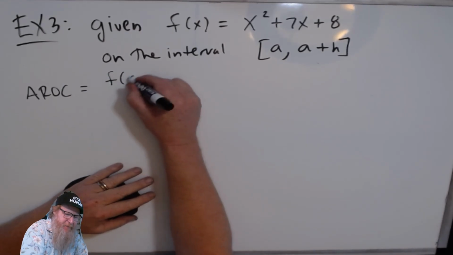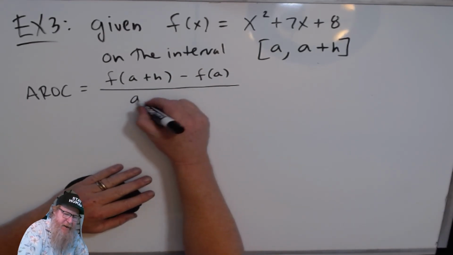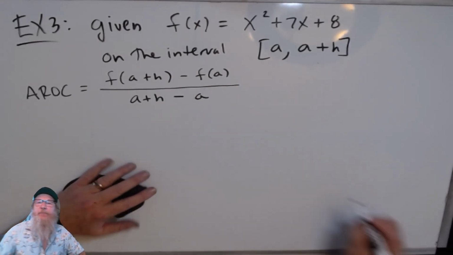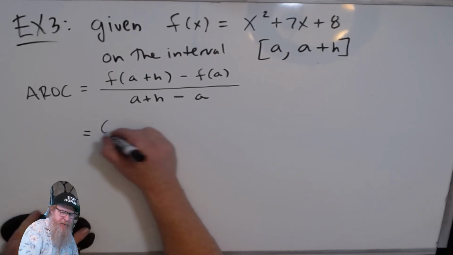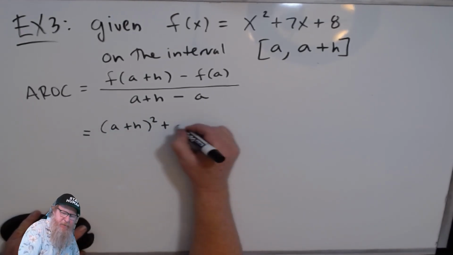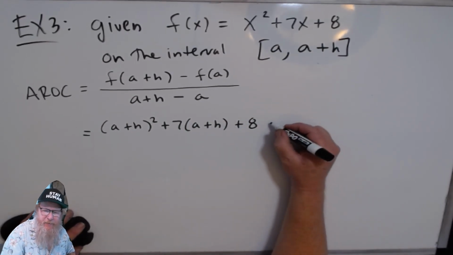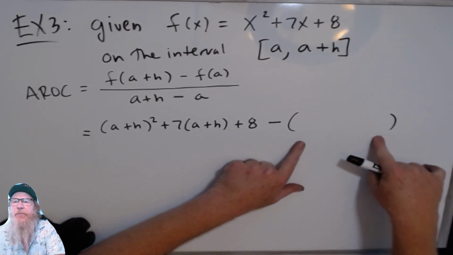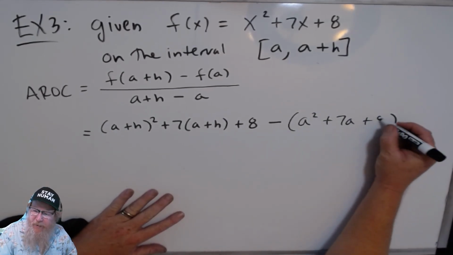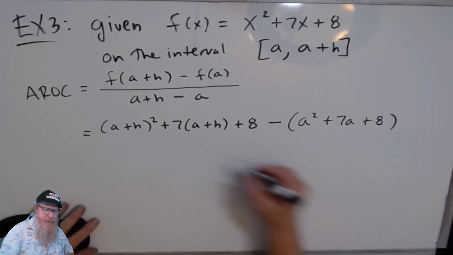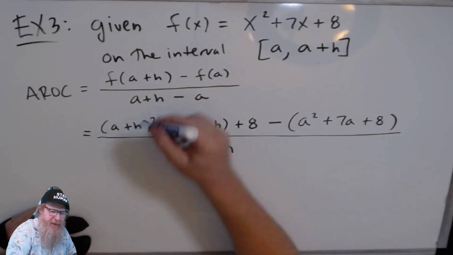So I have f of A plus H minus f of A all over A plus H minus A. So that's going to be A plus H squared plus 7 times A plus H plus 8 minus, don't forget the second set of parentheses, A squared plus 7A plus 8 all over H. So these guys will cancel early.